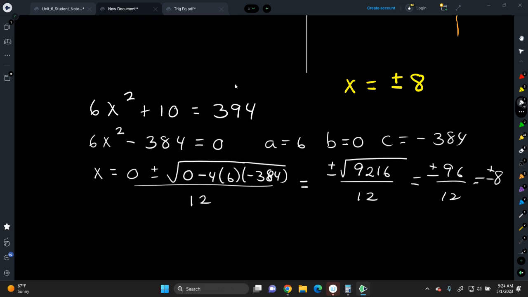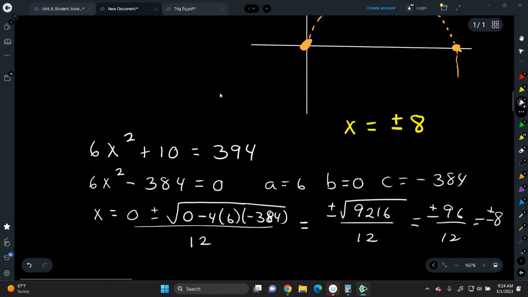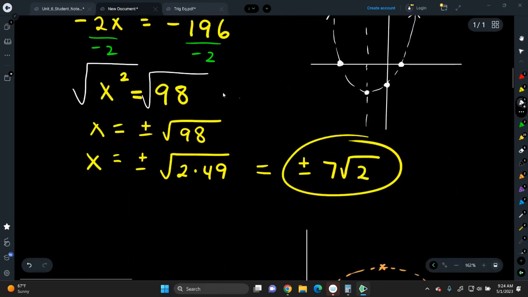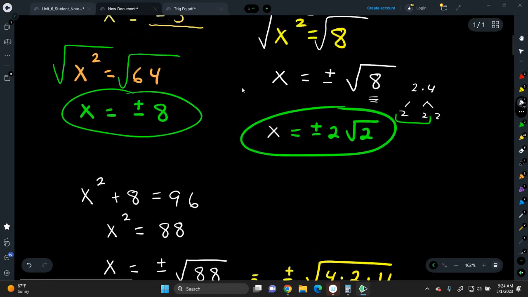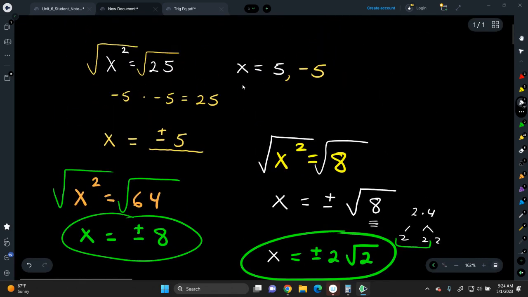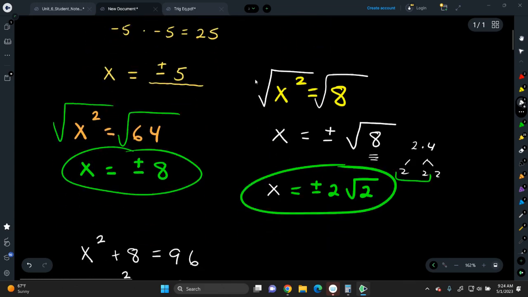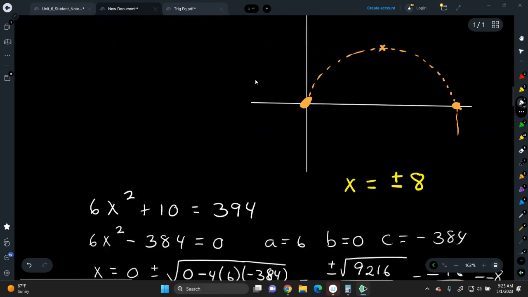So if you were to tell your friend how we know when we can use this method, what would you say? How do you know whether you should factor or use the quadratic formula or use this method, just taking the square roots? Good. When there's no b, very good.